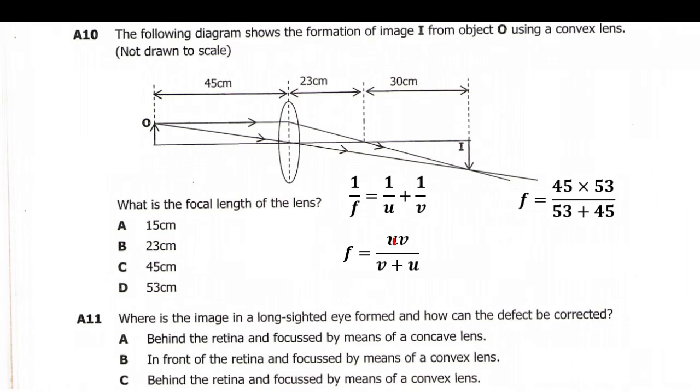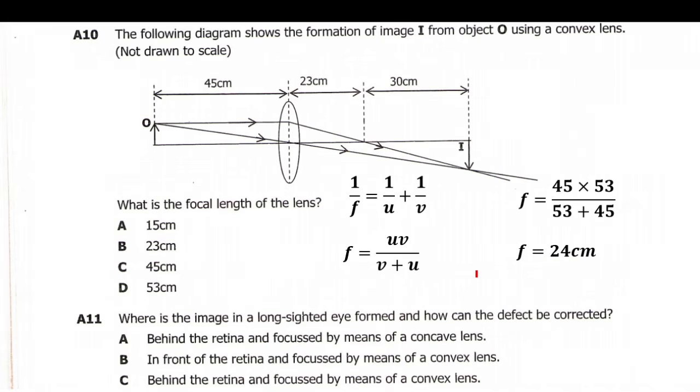Where there's u, we put 45 times where there's v here, which is the distance from here to here, which is 53, over the same u, v, 53 plus u, 45, and we get our focal length as 24.